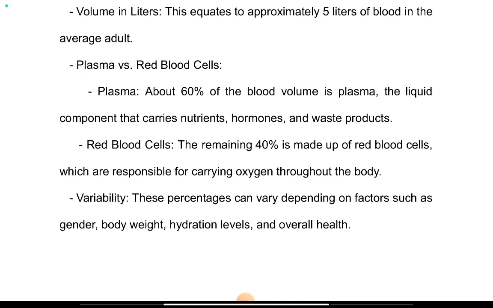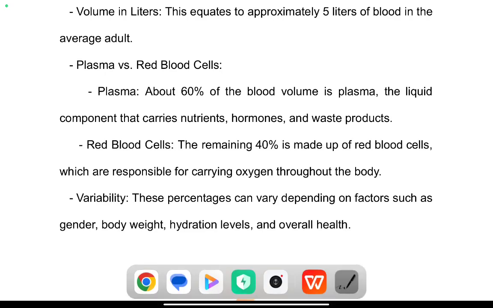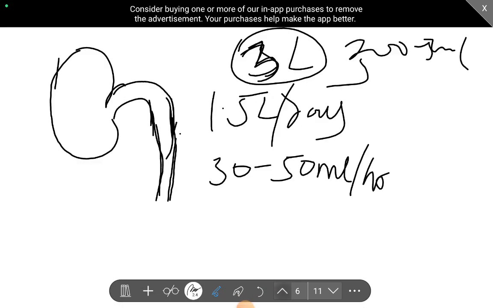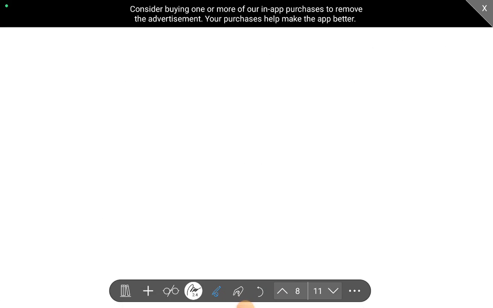Now, I said you have plasma, you have red blood cells being a component of blood. The plasma constitutes about 60%, while the remaining red blood cells constitute about 40%. And that is why, if we go to the laboratory, for the MLS students, you are going to be taught all these things in the laboratory, hematocrit.